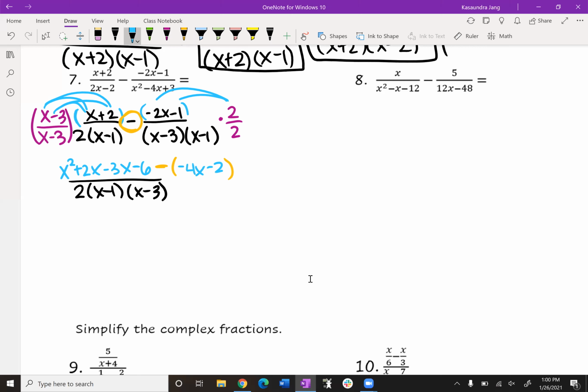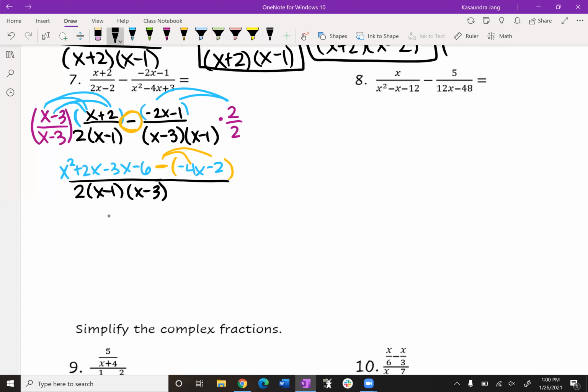Right. So this is all up in the numerator. I'm going to simplify my numerator even further. I still got to deal with that negative. So I'm going to distribute the negative to both. All righty. My first one here staying the same.